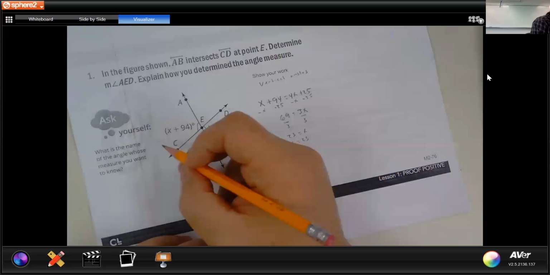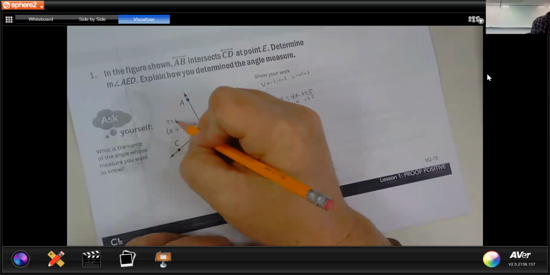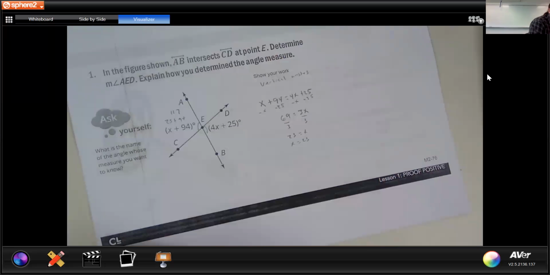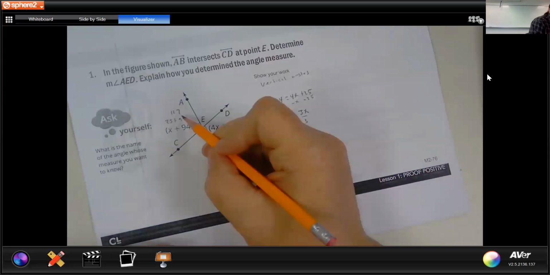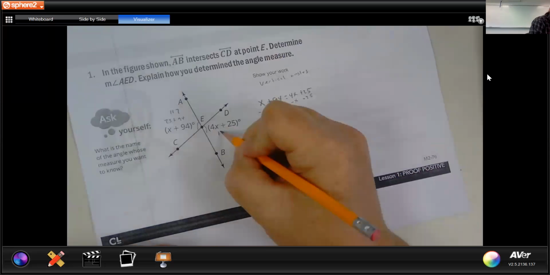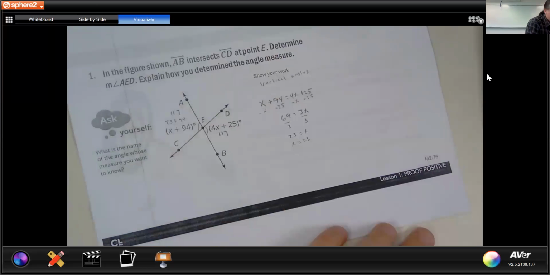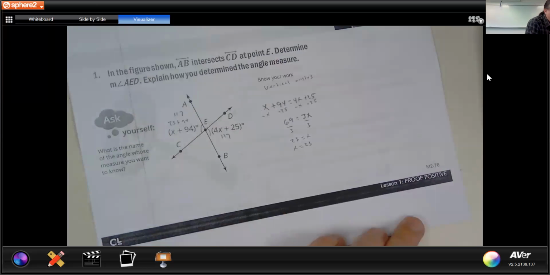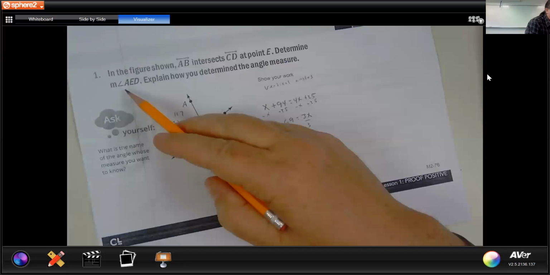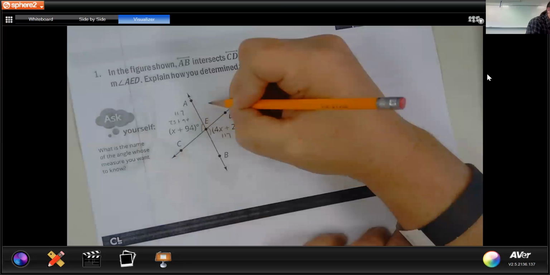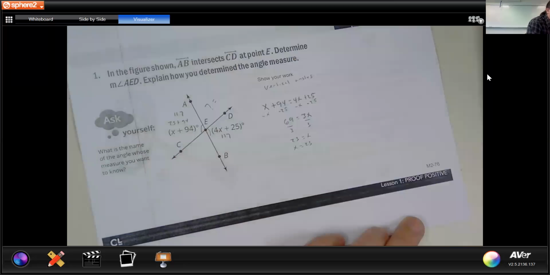When we plug that in, 23 plus 94 is 117. Because we have vertical angles, if this is 117, that also will be 117. But we're not done. We need to find the measure of angle AED, which is this angle right here. That is our big question mark.